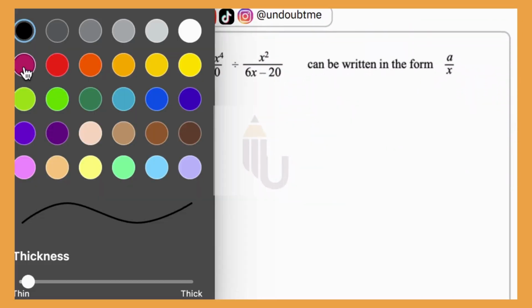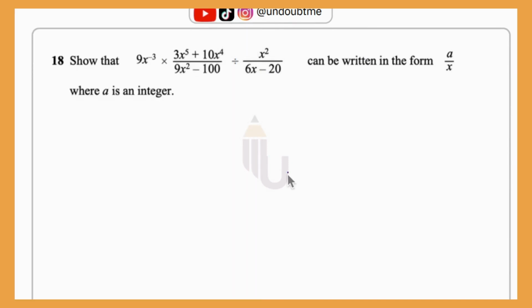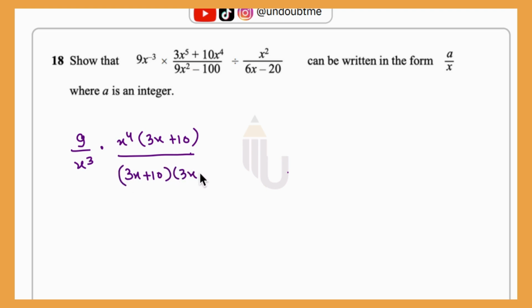Now in this question also, our primary approach will be same. We have to first just rearrange the terms and then try to write it down in the factored form. So 9 over x cube times, from here I'll take x to the power 4 common, so it will be 3x plus 10 over, in the denominator it is 9x square minus 100, which is 3x plus 10 and 3x minus 10 times by.